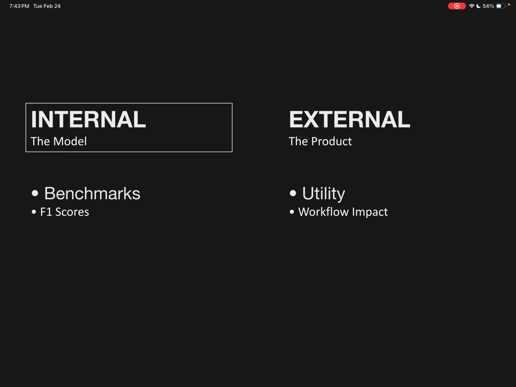But if a human agent spends 30 seconds auditing each one for hallucination, you didn't save time. You added cognitive load. You narrowed the model gap, but you widened the objective gap.